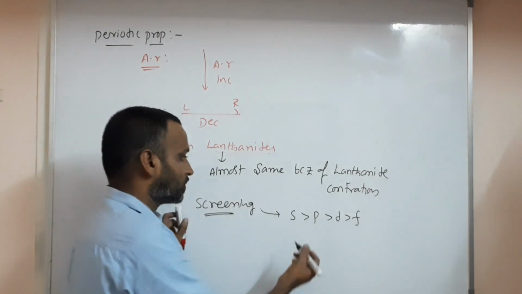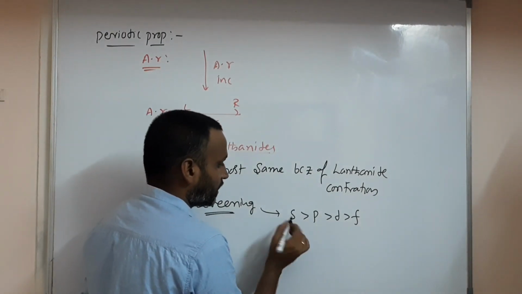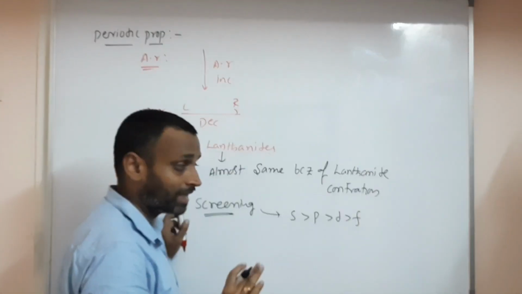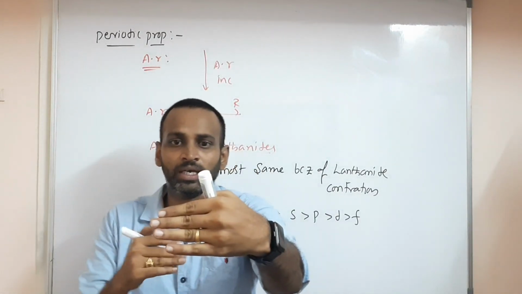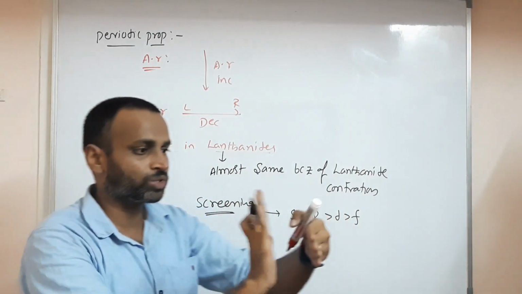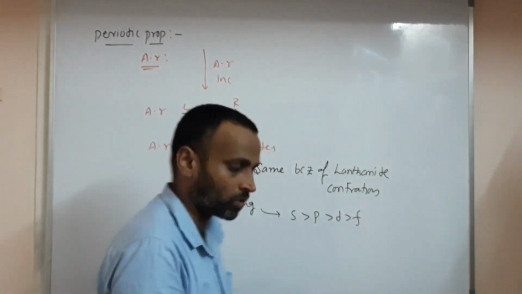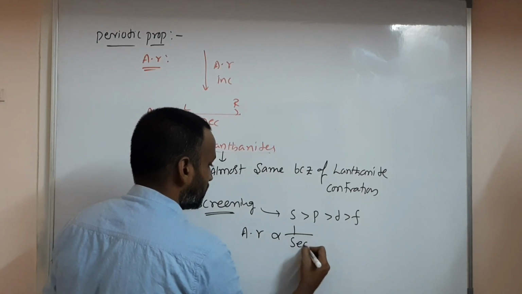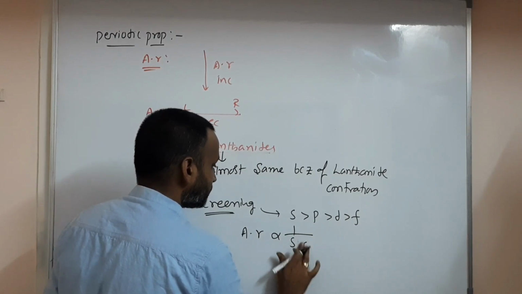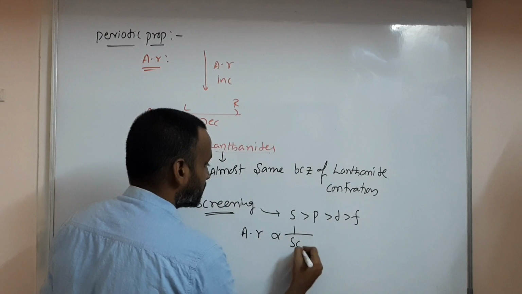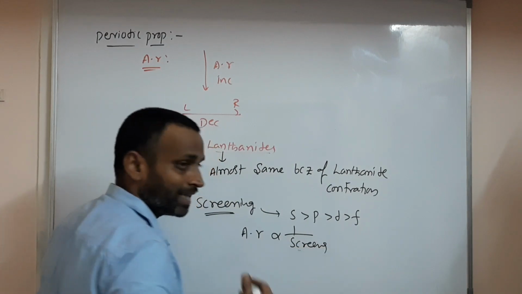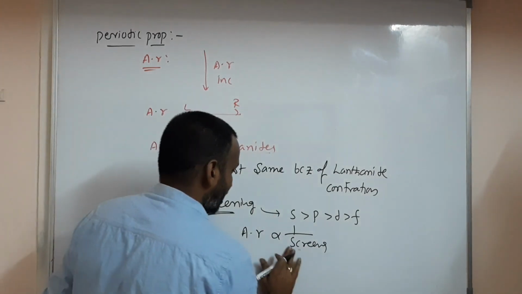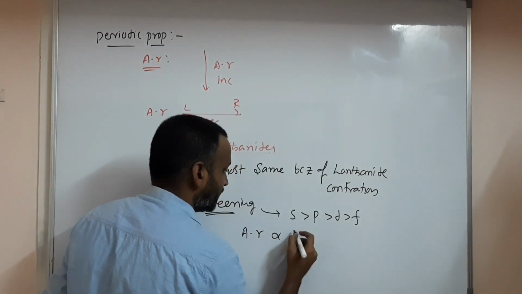Correct or not? So atomic radius actually depends on the screening also. Screening means the outermost subshell electron is protected by the inner ones.